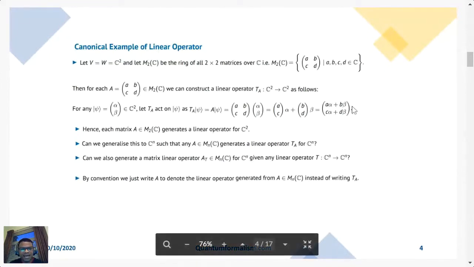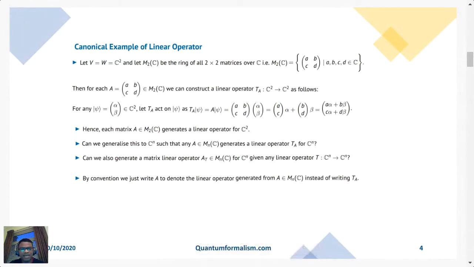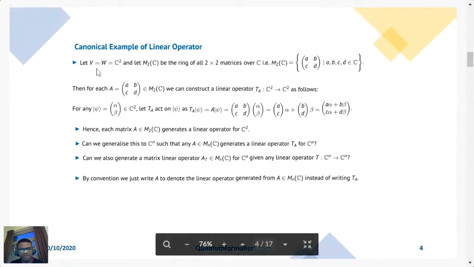Okay, so I'll start here in terms of recapping. Last week we saw, for example, when V equals C2, the elements of the matrix ring M2 of C indeed define an operator, right? So we saw that for any element of M2 of C, you can define a linear operator like this, just like the normal matrix product of the 2x2 matrix with the column matrix.